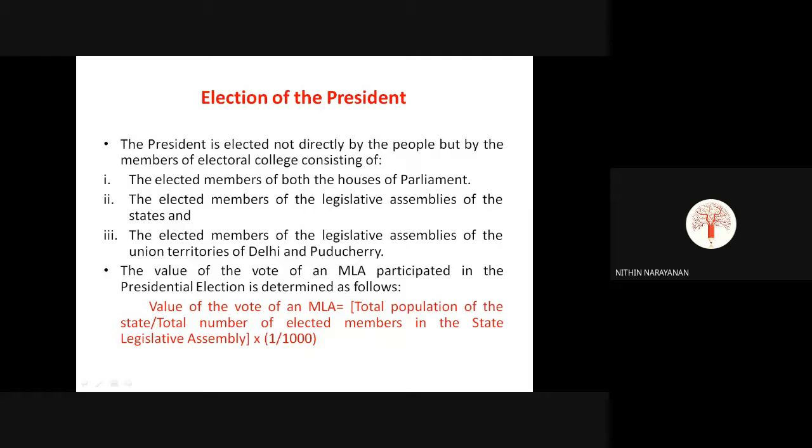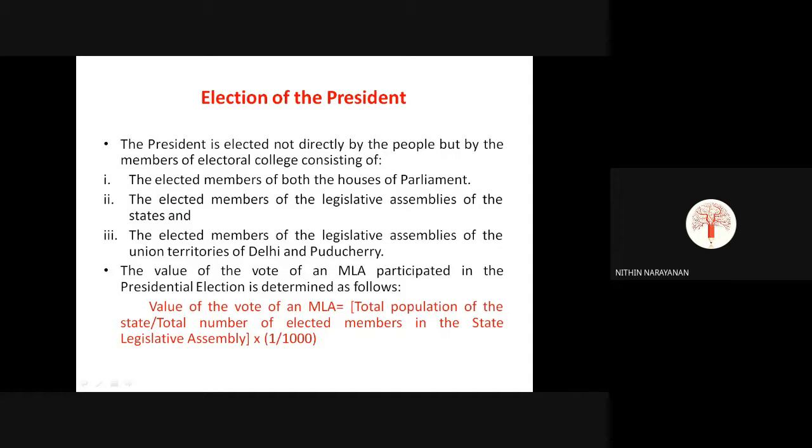The value of the vote of an MLA, that is a member of the legislative assembly, participating in the presidential election is determined as follows. There is a voting share or voting proportion made for MLAs and MPs, and it is different for both cases. The value of the vote of an MLA will be equal to the total population of the state upon the total number of elected members in the state legislative assembly, into 1/1000.